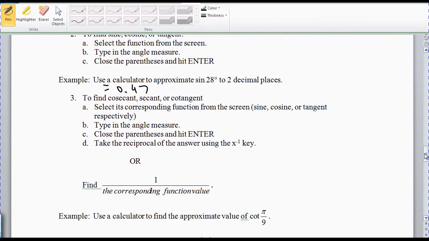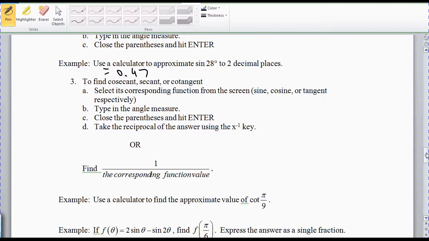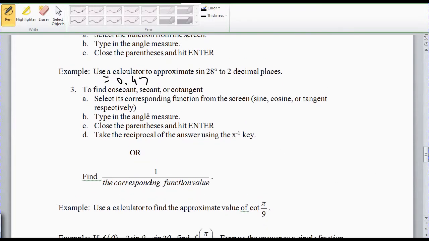But we also have cosecant, secant, and cotangent. So, how do you find those? Well, let's look at our calculator again.